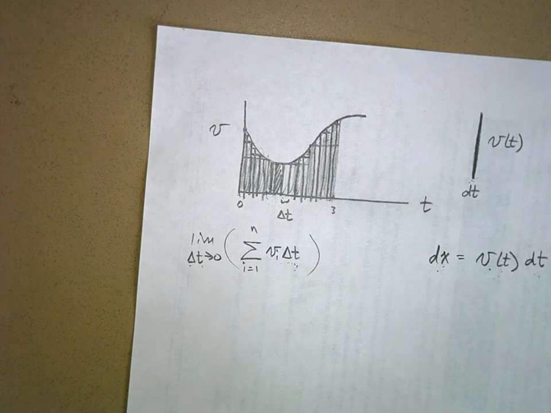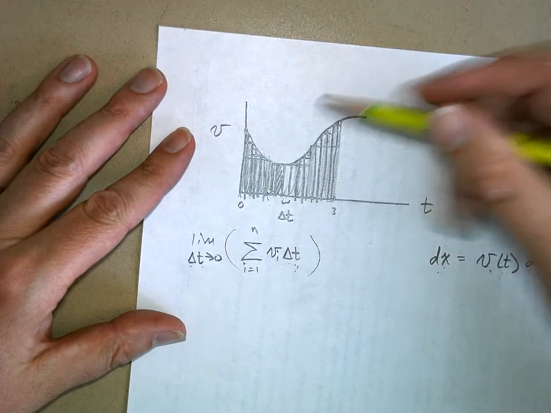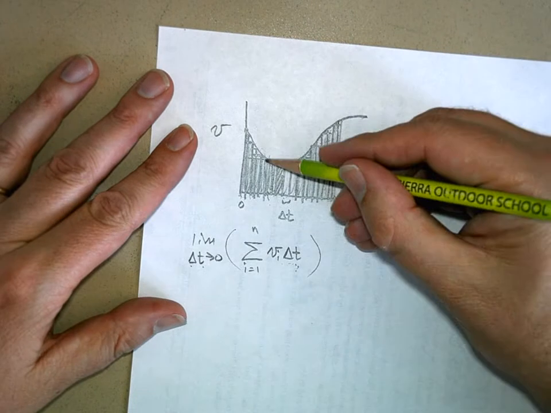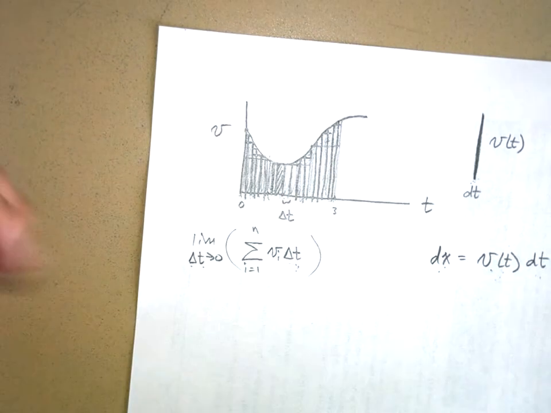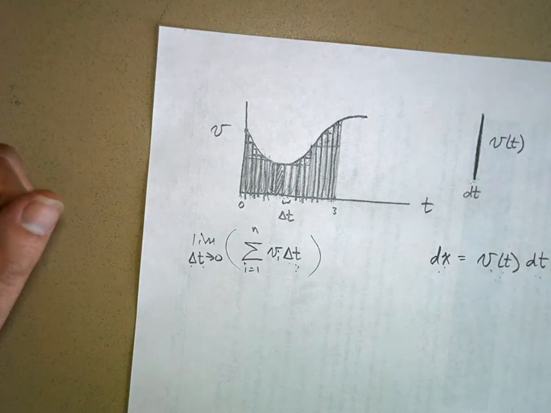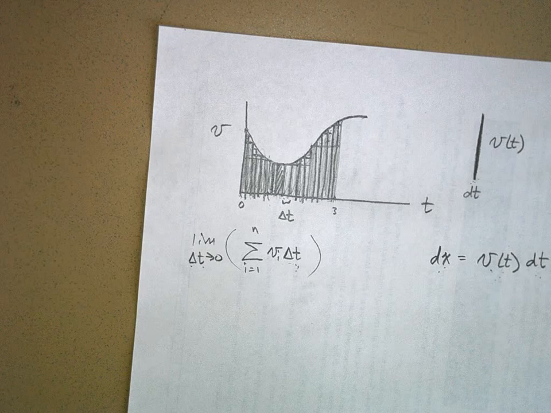So I've got billions and billions, well, trillions, well, an infinite number actually, of these infinitesimal slices. What am I going to do to all those slices? I'm going to add them all up. And what's a great word for add them all up?